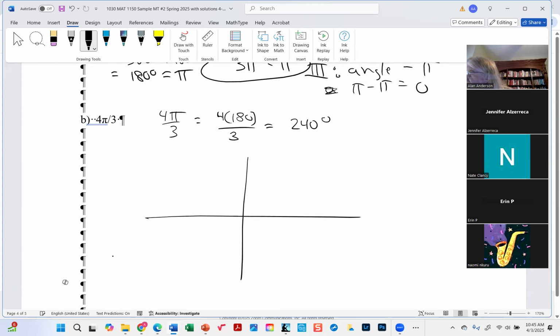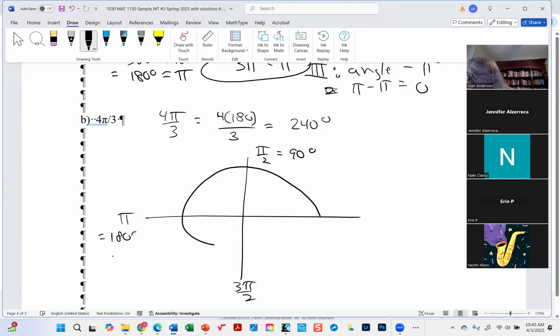So 240 means you've gone, think of this as pi over 2, pi, 3 pi over 2, which is the same as 90, 180, 270. So to go through 240 or 4/3 pi, we must have gone through the first two quadrants and then another 60 degrees into the third quadrant. Okay.